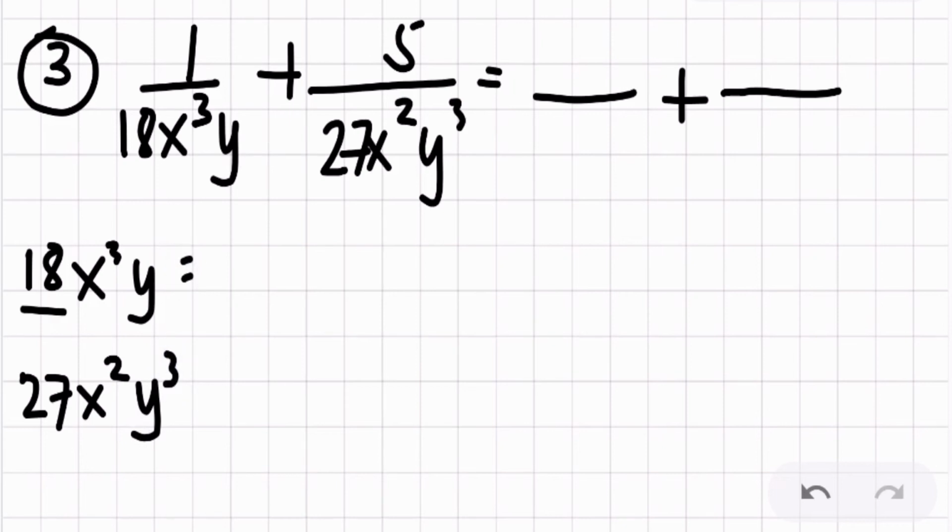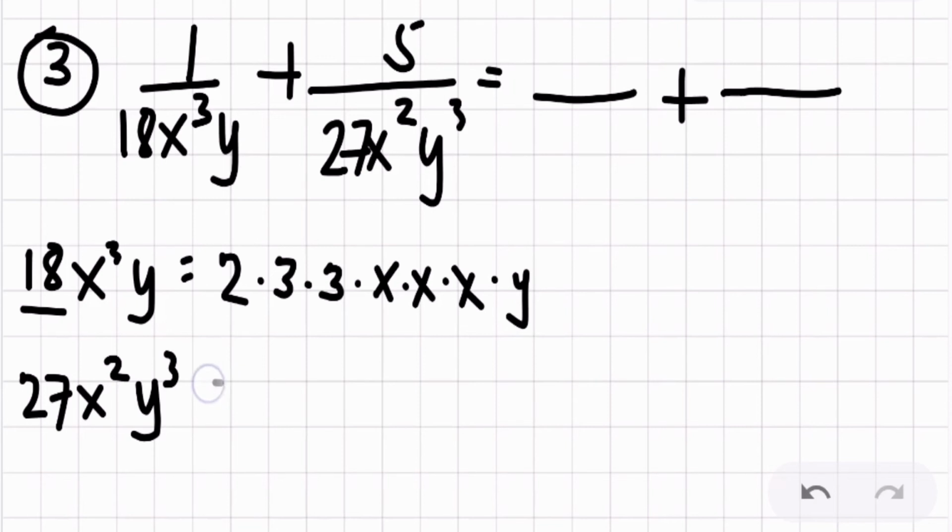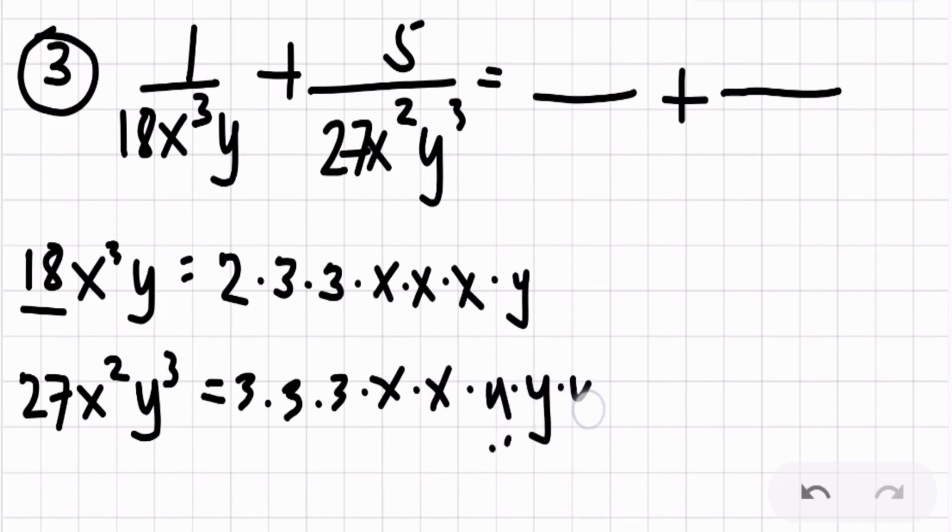Okay, so this can be expanded as 2 times 3 times 3 times x times x times x times y, and the other one can be expanded as 3 times 3 times 3 times x times y times y times y.